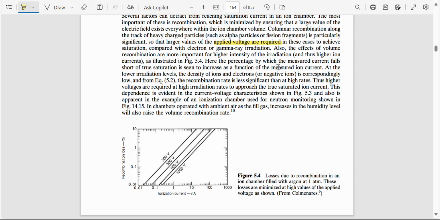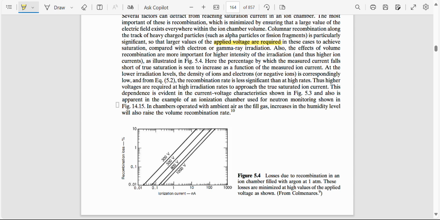Here the percentage by which the measured current falls short of true saturation is seen to increase as a function of the measured ion current. At the lower irradiation level, the density of ions and the electrons or negative ions is correspondingly low.